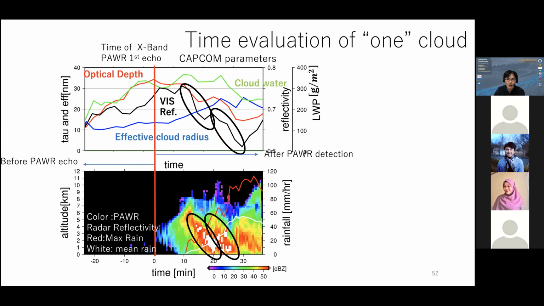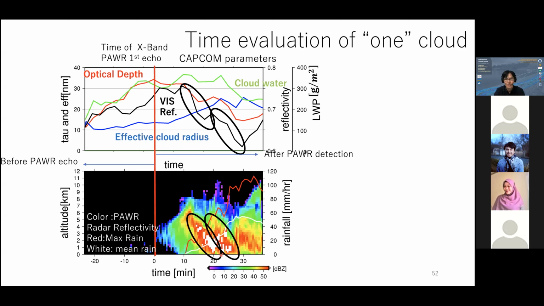After that, it develops into a precipitation cell and precipitable particles start falling like this within 10 minutes. So this time interval can be set as one cloud life that we can capture in this case.